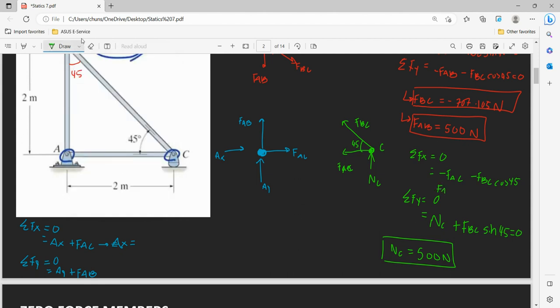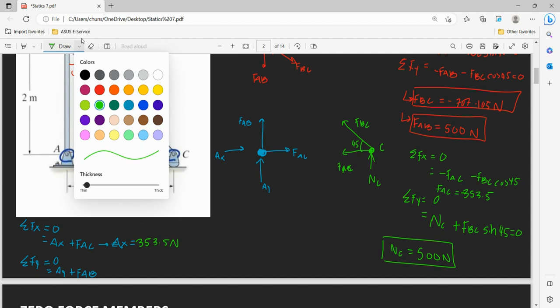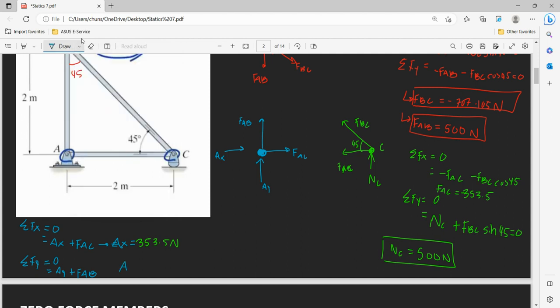So then FAC is equal to, so that's 500 and then that's cos 45. So that's 353.5, and that's negative. So this is equal to positive 353.5 newtons. And our AY is equal to our FAB, which is negative 500 newtons.